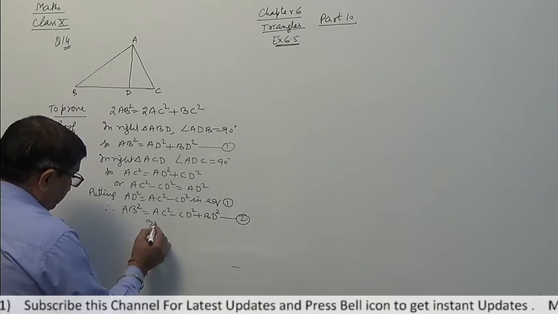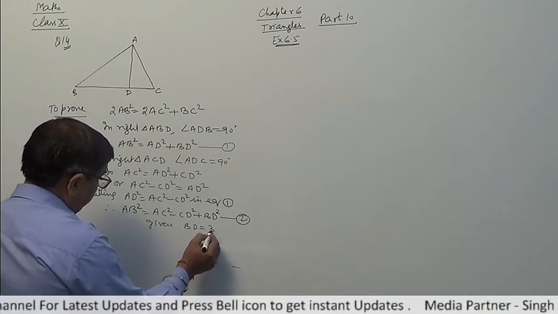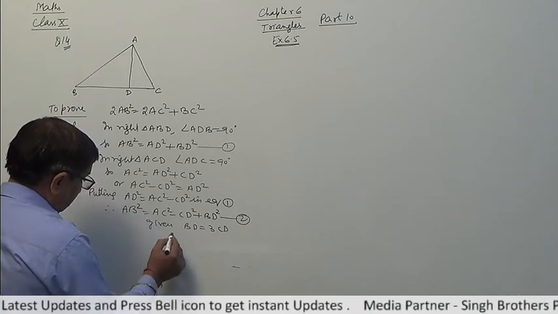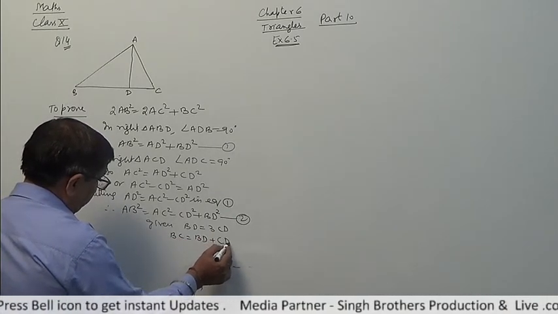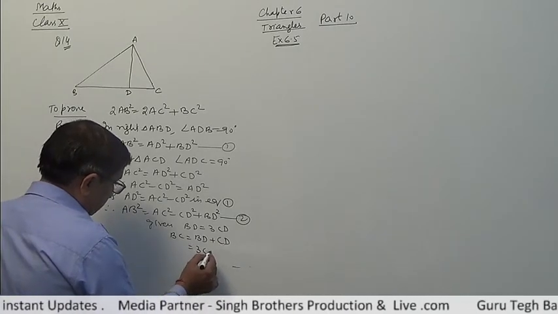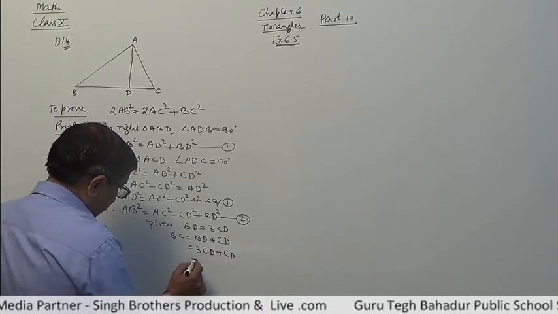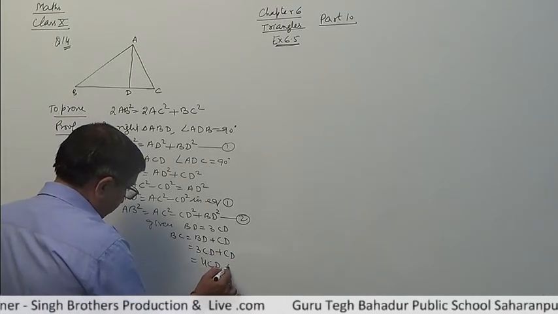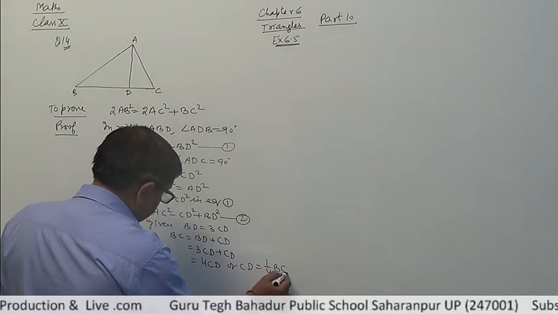Given that BD is equal to 3CD, so BC is equal to BD plus CD, that is 3CD plus CD, which is equal to 4CD, and CD is equal to 1 upon 4 BC.